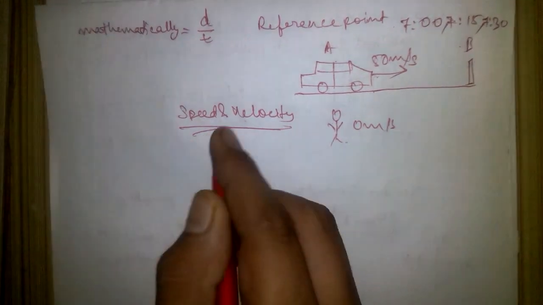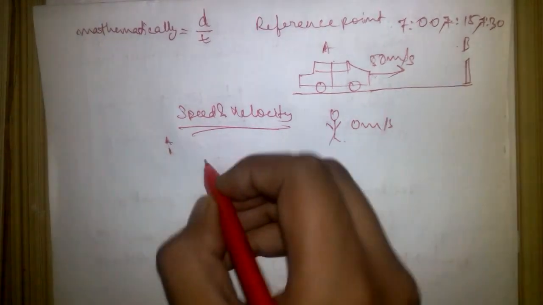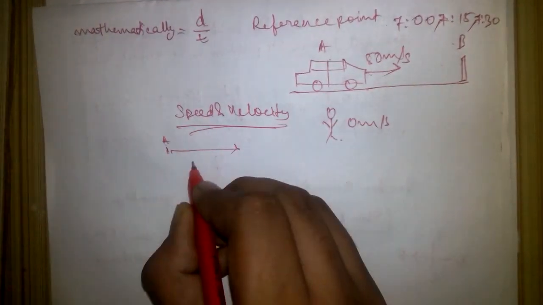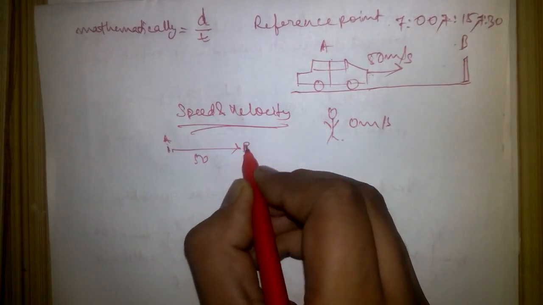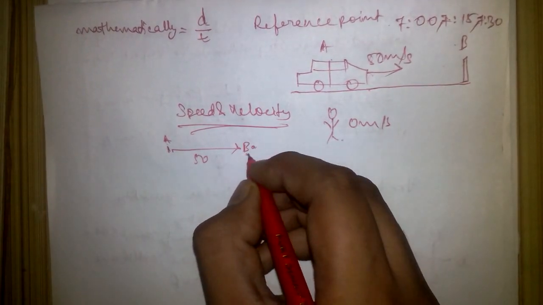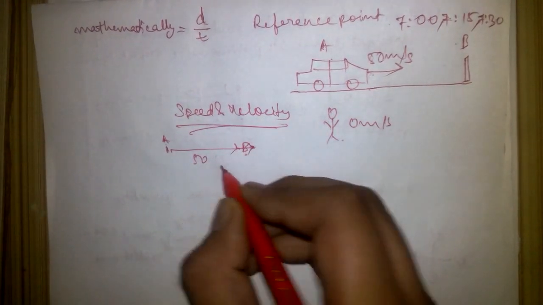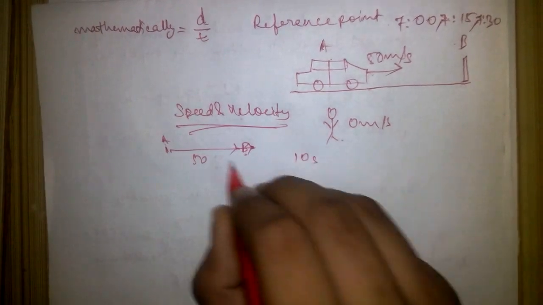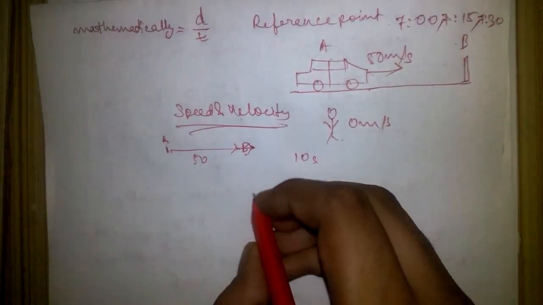Suppose an object A travels a distance of 50 meter to point B, and it took 10 seconds to travel 50 meter. So what is the speed?